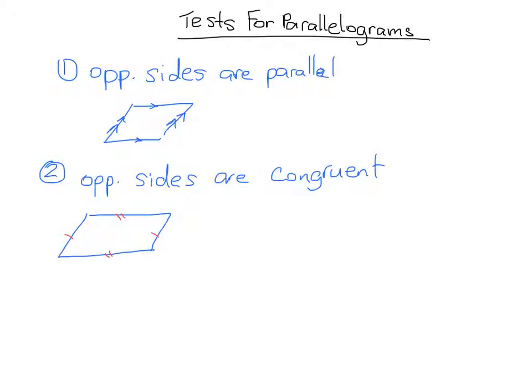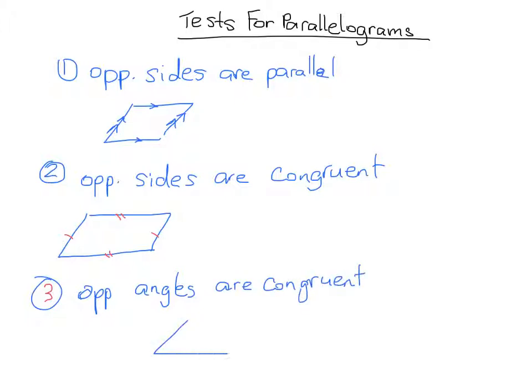Another way we can tell whether or not a figure is a parallelogram, let's use blue, is if both pairs of opposite angles are congruent, then the quadrilateral is a parallelogram. So let's draw that out. Let's write that first. Opposite angles are congruent.